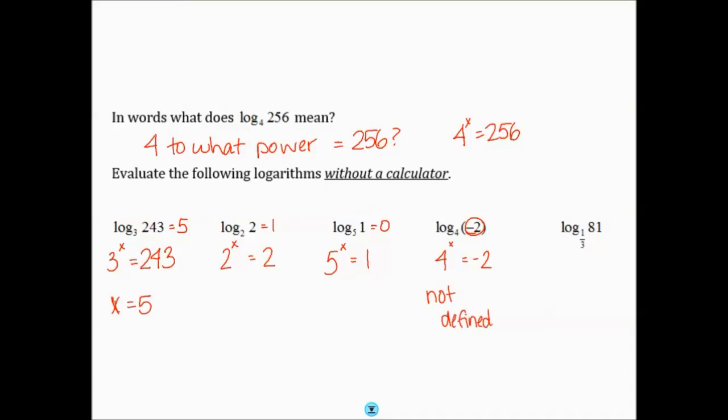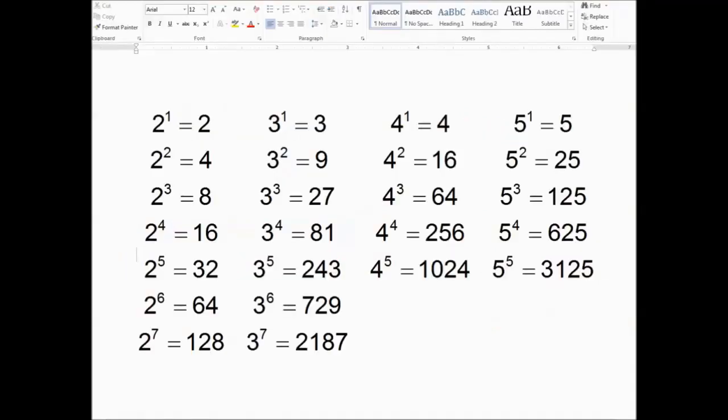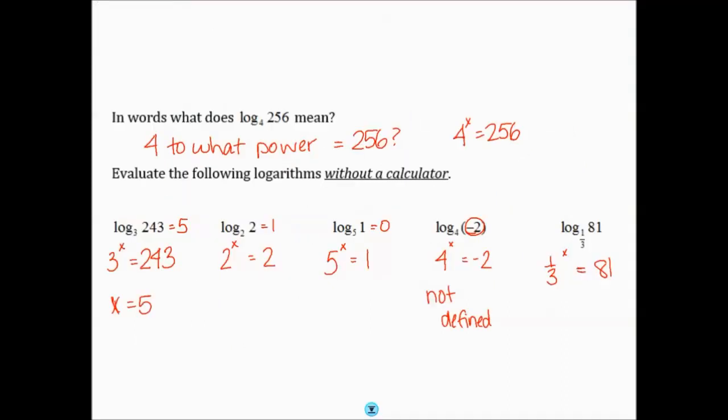And the last one, log base 1/3 of 81, 1/3 to what power equals 81? This is a little bit tricky. If we look at our power sheet, we know that 3 to the 4th power gives us 81, but we have 1/3. Hopefully you remember that negative exponents mean you take the reciprocal of the number.